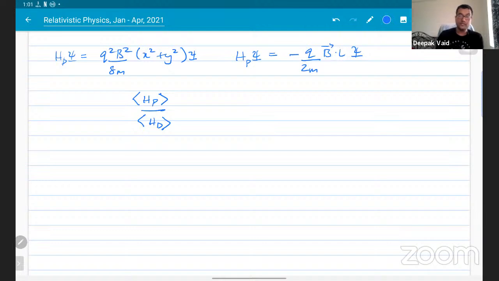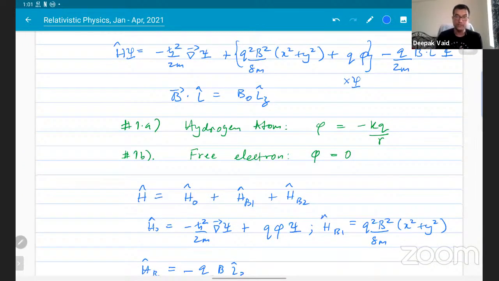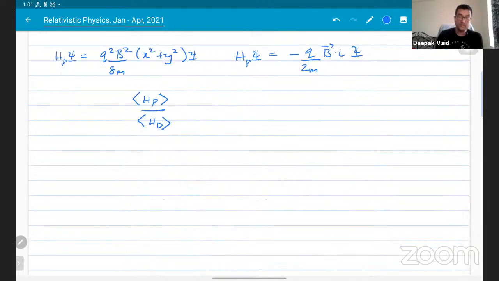Right? Now this expectation value is being taken for some arbitrary state, okay, and that state does not necessarily need to be a solution of this full Hamiltonian. Remember that if you are given a state and an operator, you can take an expectation value. You don't need to worry about what that state is a solution of or not, okay?